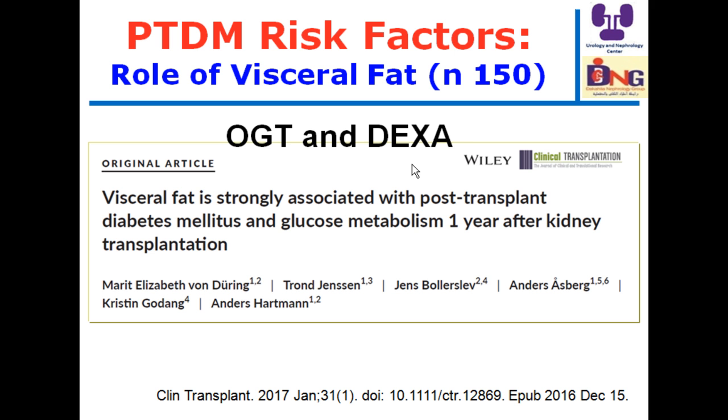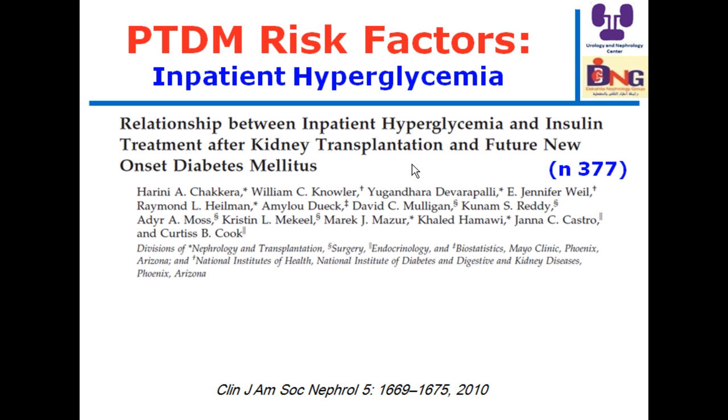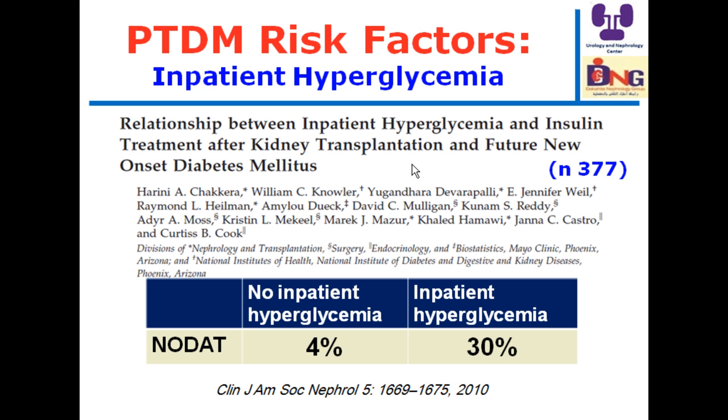So it seems that visceral fat is superior to body mass index in telling the risk for diabetes. Even development of inpatient hyperglycemia is bad news, because new onset diabetes after transplantation occurred in 4% of those patients who had no inpatient hyperglycemia, in comparison to 30% of patients who developed inpatient hyperglycemia.